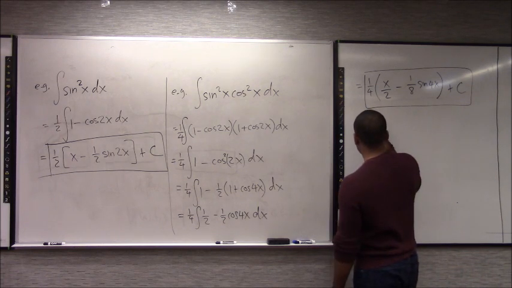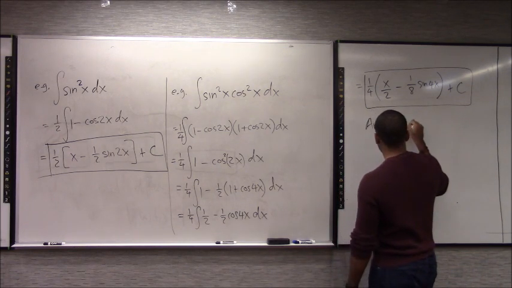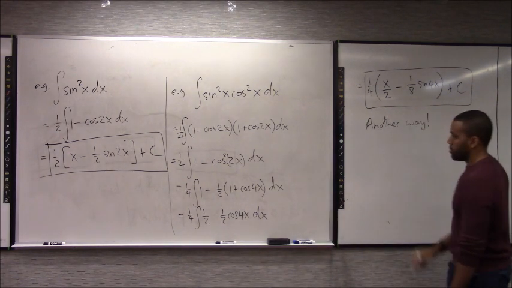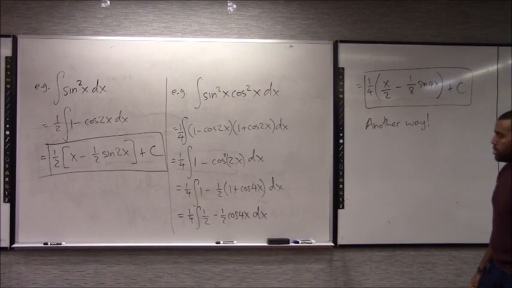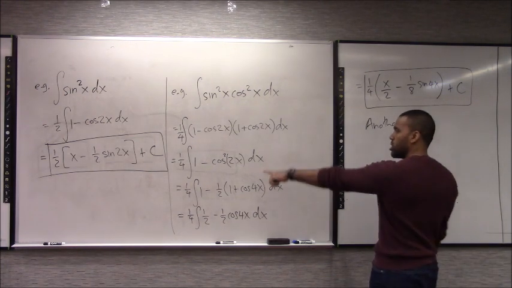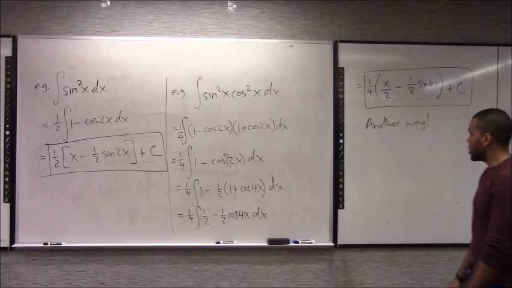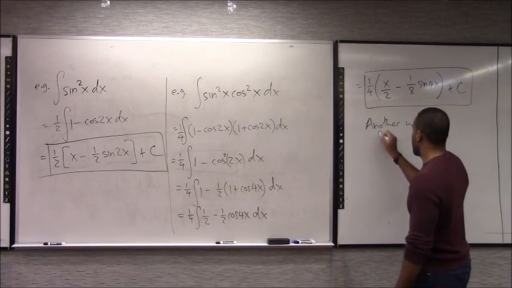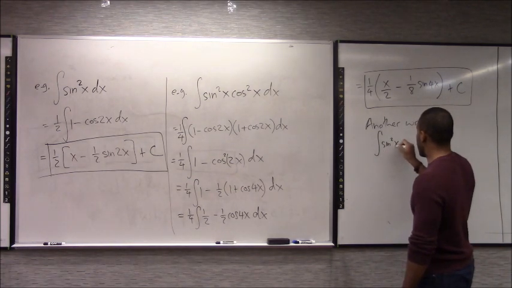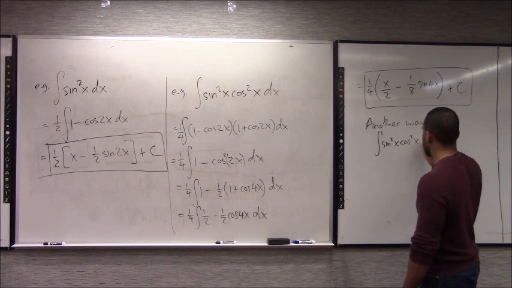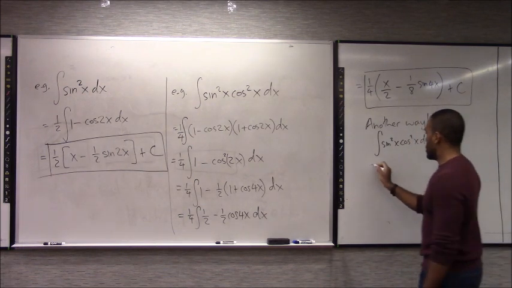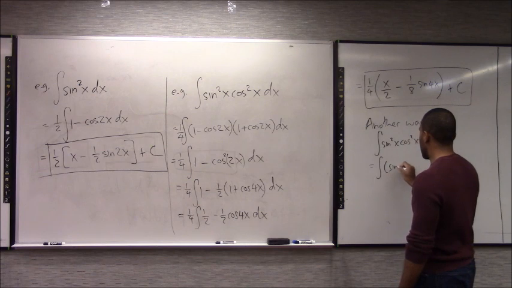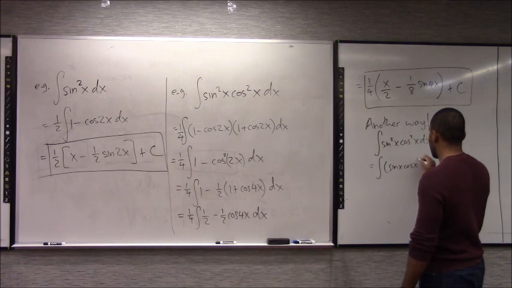Other options? Here's another way to do this. You can notice that you could have applied it here also, by the way. So you had sine squared x, cosine squared x dx. You can think of this as sine x cosine x all squared.